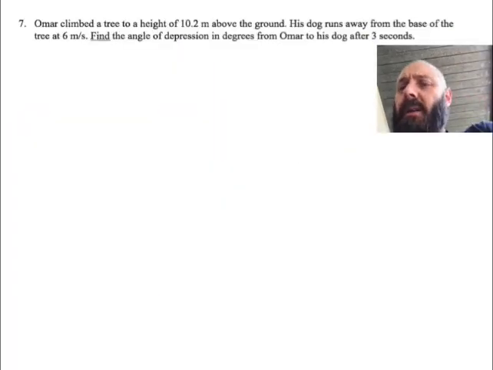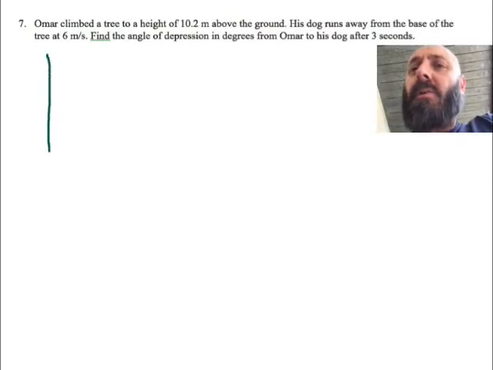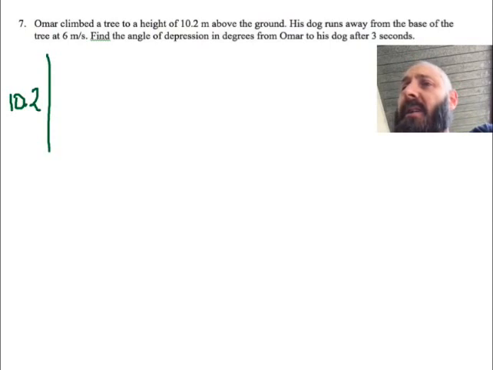Alright, here we are again. This time Omar has climbed a tree. So Omar's at the top of this tree, which is 10.2 meters high, and his dog runs away at 6 meters per second. My goodness, how am I going to work that out?